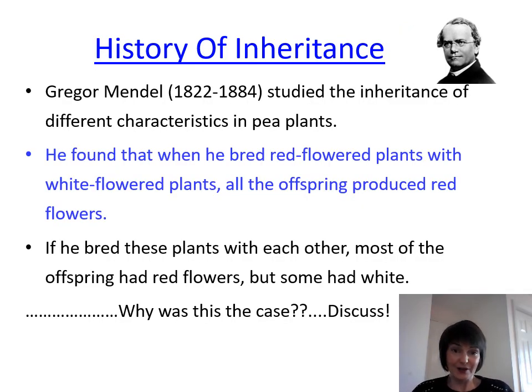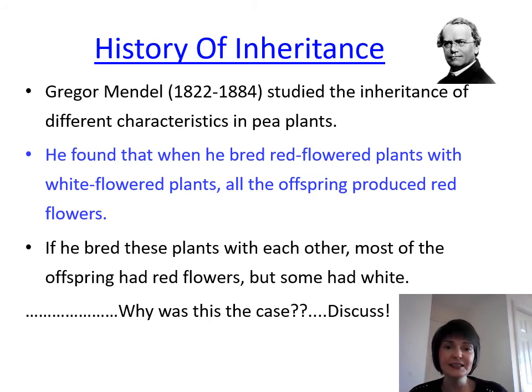Now, again, Mendel, he really loved looking at pea plants so much that it wasn't just whether they were tall or dwarf. He also looked at their flower colour as well. And again, that's just looking at a different characteristic. We're not looking at the height of the plants, but we are looking at their colour.